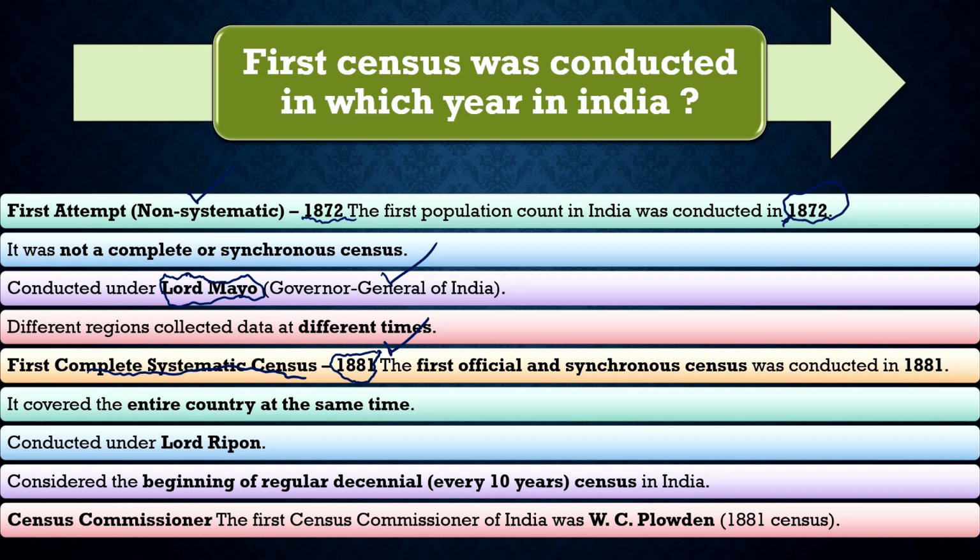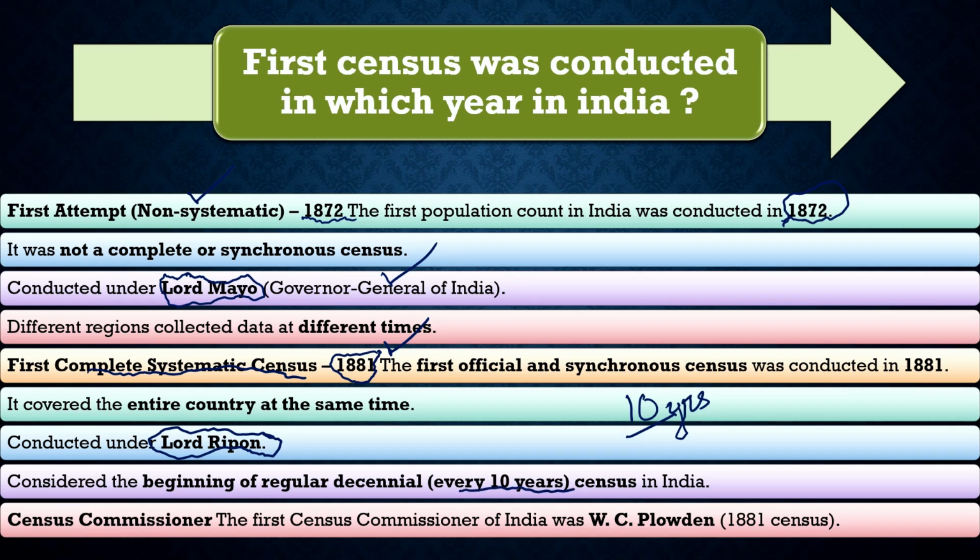Okay, here it was conducted under Lord Ripon, and considered the beginning of regular decennial census, like it was every 10 years. The census in India was conducted every 10 years. Remember that.